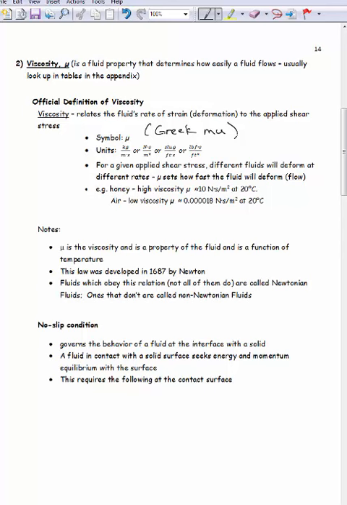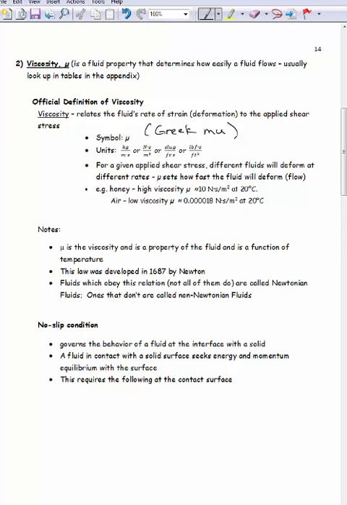So Newton came up with tau equals mu du dy and the idea of viscosity. So therefore fluids that have constant mu's, in other words mu's or viscosities that don't change with shear stress, are called Newtonian fluids. And they're not all Newtonian, but air and water are Newtonian fluids.